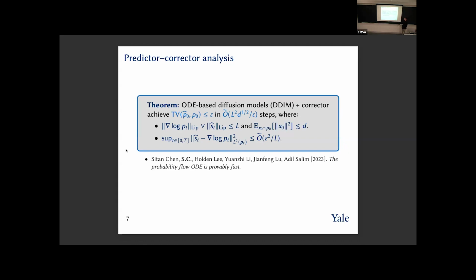But these are things that can be removed in later works. But the point is, if you just look at the dimension dependence, then the ODE can bring some benefits because it gets you past this linear dimension dependence and gets you to square root d. And this was just our attempt of explaining why the ODE is indeed faster. It's just because you can get better discretization bounds.